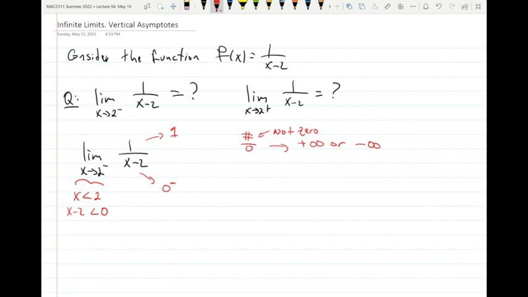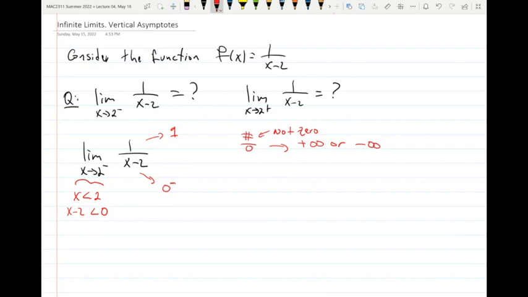And how do we decide which one it is? We need to see the sign of this number, which in this case is positive, right? And then, yes, you're approaching 0, but how? Are you approaching 0 with positive numbers, or are you approaching 0 with negative values? Because depending on how you do it, the overall sign will tell you which one of the two it is. Okay? Now, don't get me wrong.